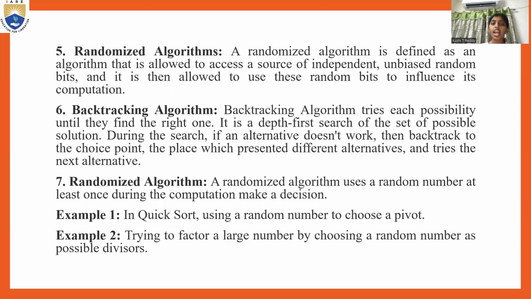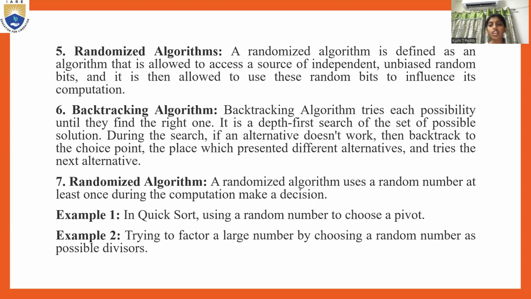Next is randomized algorithms. A randomized algorithm is defined as an algorithm that is allowed to access a source of independent, unbiased random bits, and it is then allowed to use these random bits to influence its computation. Random bits are taken, chosen, and executed. Next is the backtracking algorithm. As you all know, we have seen backtracking in depth first search in data structures.